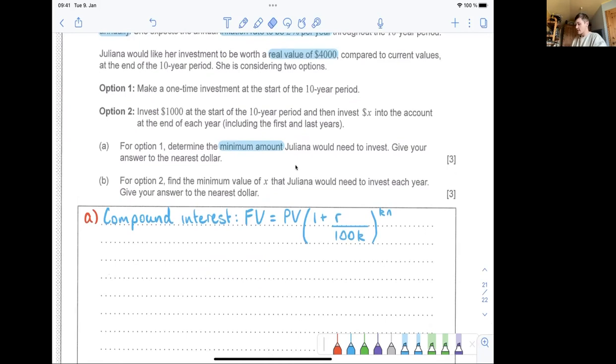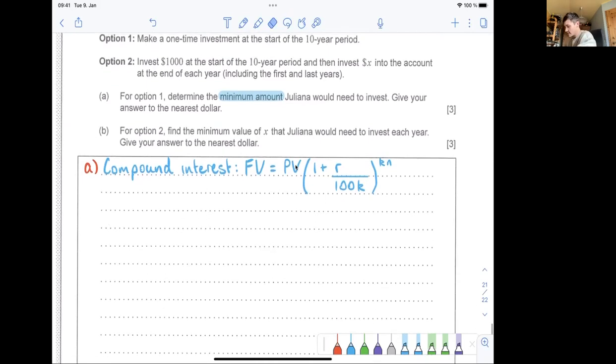So therefore our future value in this equation here is going to be our 4,000, but then adjusted for inflation, which is 2%. So that's going to be 1 plus 2 over 100.